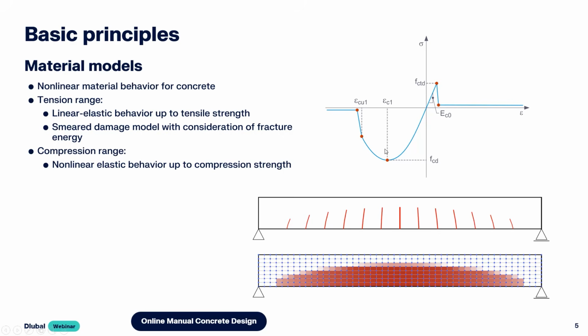Once the failure surface is reached, plastic behavior follows. There, strain softening occurs. As a result, the stiffness of the material, and with it the permissible stress, decreases again down to a minimum strength. This minimum strength is required again for numerical stability.